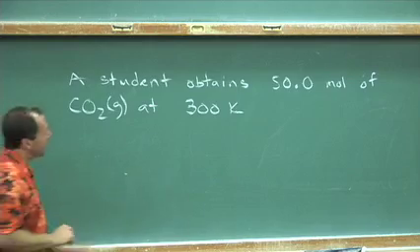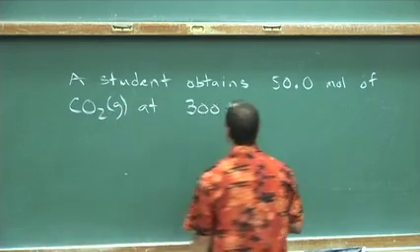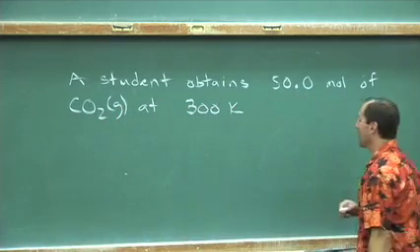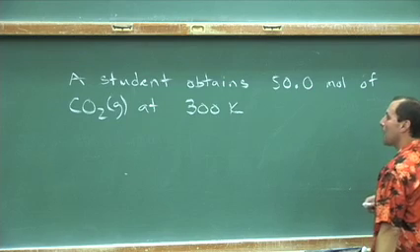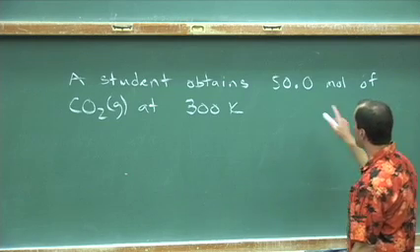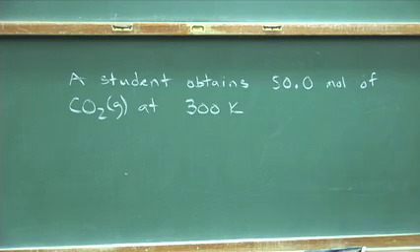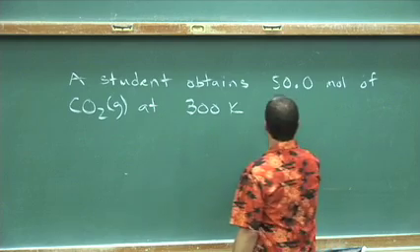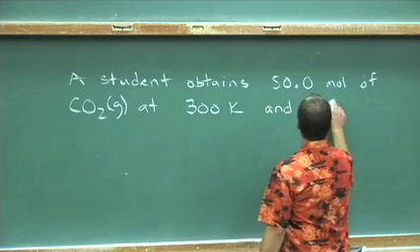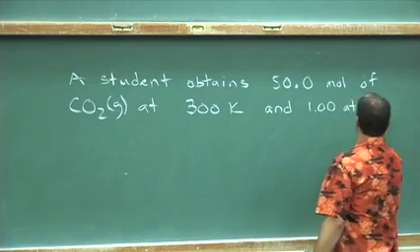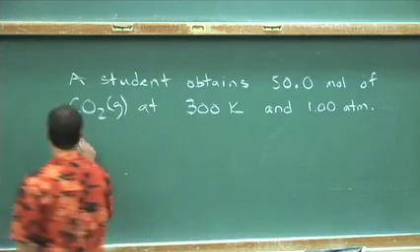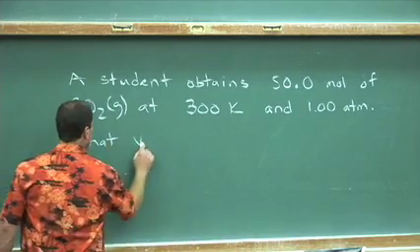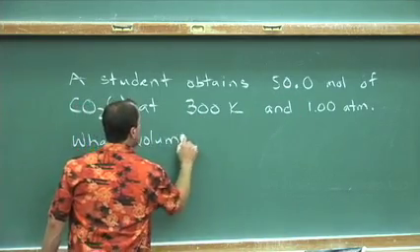It's a little warm, 300 Kelvin, but it's like somebody forgot to turn the air conditioning on on an August day. So the student obtains 50 moles of CO2 at 300 Kelvin. Here we are inside this room. Let's go ahead and say that the pressure is 1.00 atm. What volume is this gas?